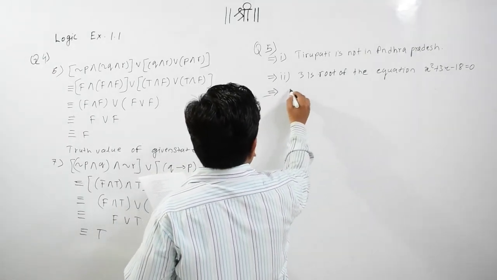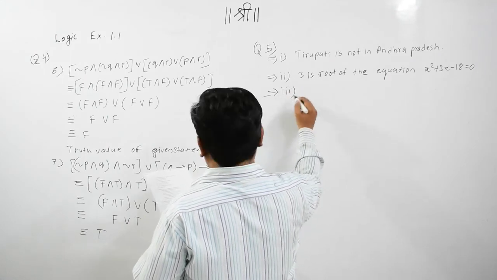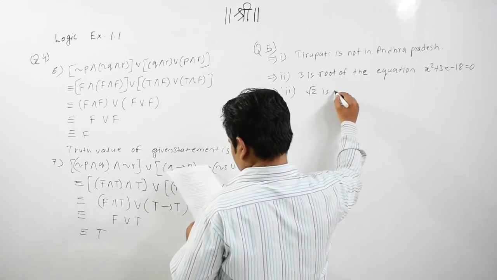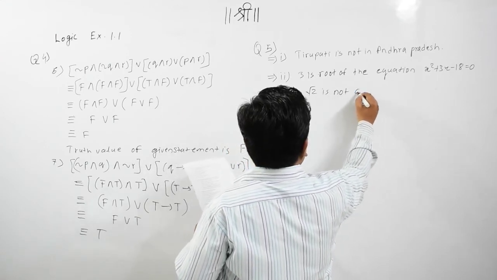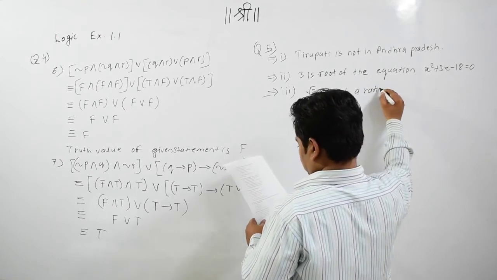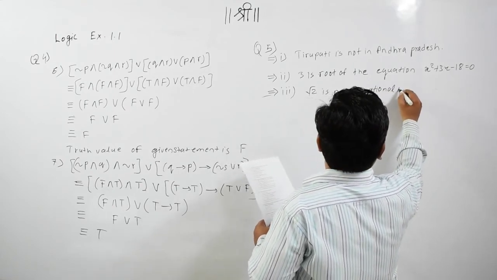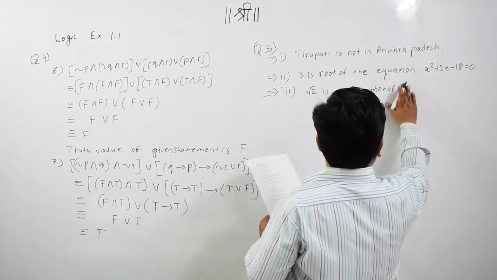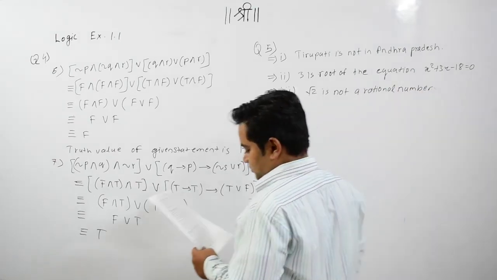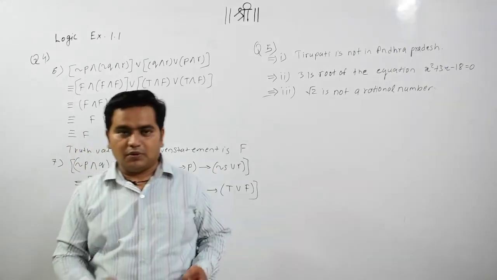Question number third is under root 2 is not a rational number. Okay, rational number.